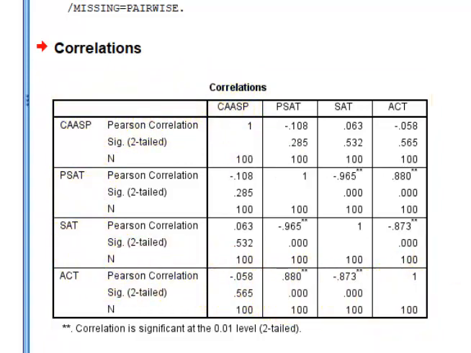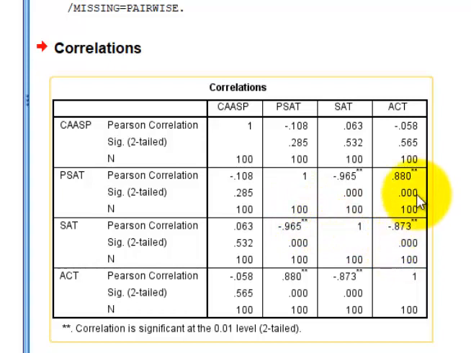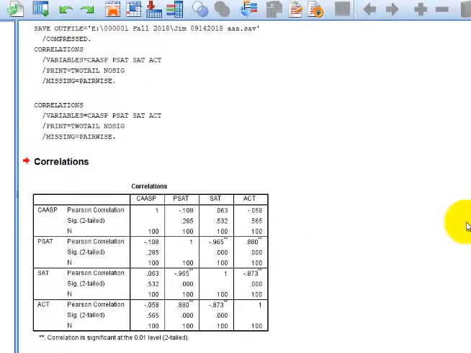So with this data, you've got serious problems. And again, I know it's fake. This number is way too high and it's negative. This number is way too high and it's positive. You don't want it to be greater than 0.8, and you don't want it to be less than 0.3, and you've got a bunch of low ones too. So that just means right off the bat, if this was the real data, you would not run a MANOVA. You would probably run 4 separate ANOVAs. But on to the MANOVA.